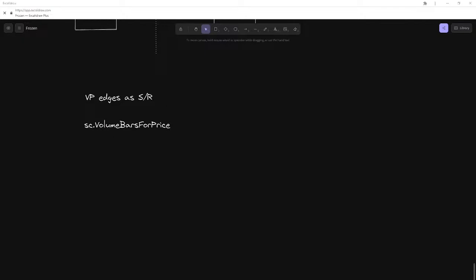Okay, let me look it up actually. In ACSIL, I think it's in the variables section. Volume bars, no, that's not it. Maybe it's a function. Functions, volume bars, nope, not there either. Volume at price bars, maybe that's what it's called.